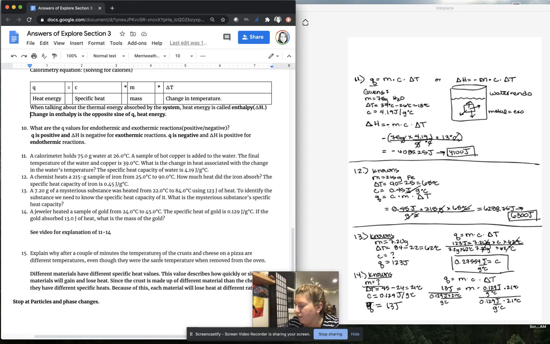And extend that out. Anytime you have something divided a second time, it's actually the reciprocal, so everything gets kicked up to the numerator. So grams and Celsius are now on the numerator. The only thing that's going to cancel out are my degrees Celsius and my joules. So I'm left with grams, which is what I want.